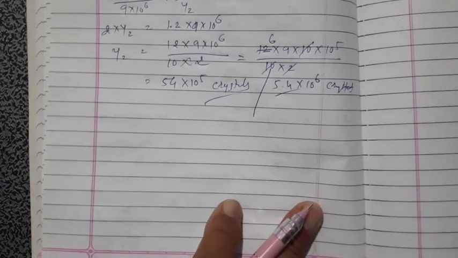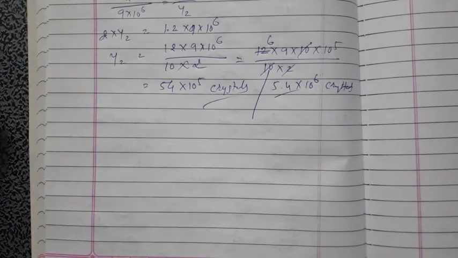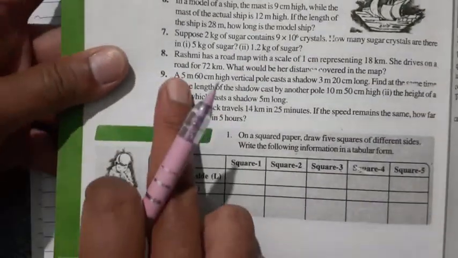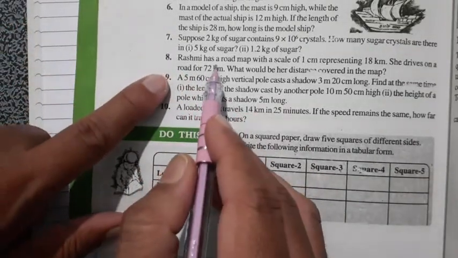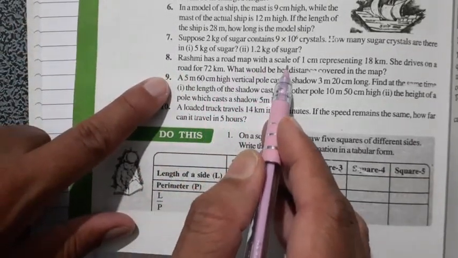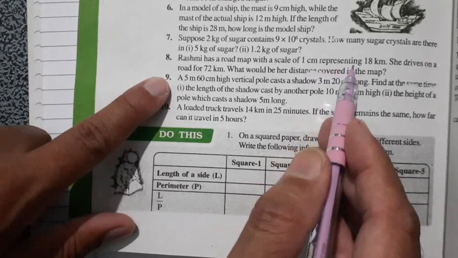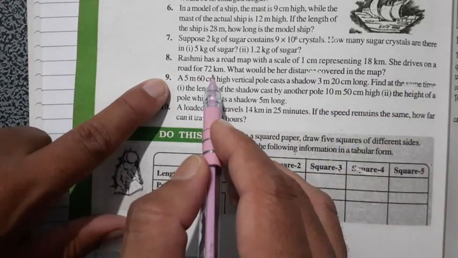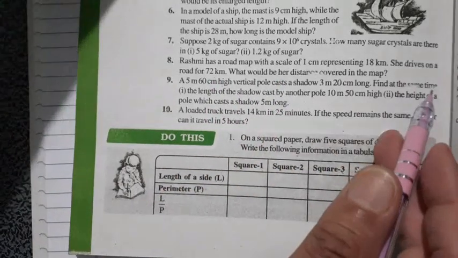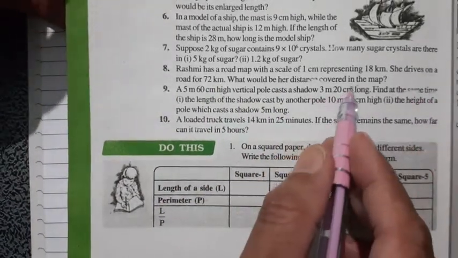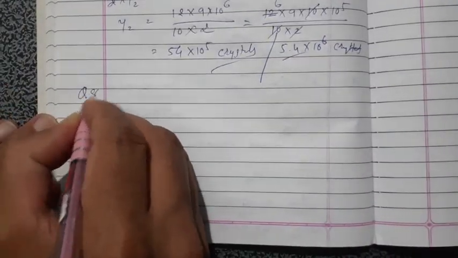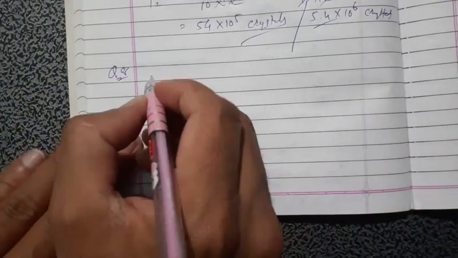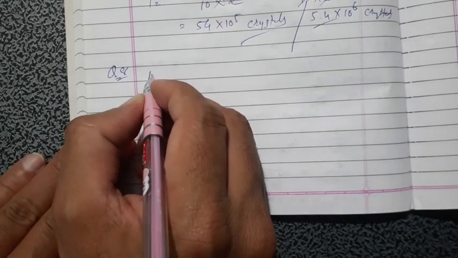Then next one, number 8. Road. Rasmi has a road map with a scale of 1 centimeter representing 18 kilometers. She drives on a road 72 kilometers. Then what is the distance covered on the map? So here in number 8, what is given?